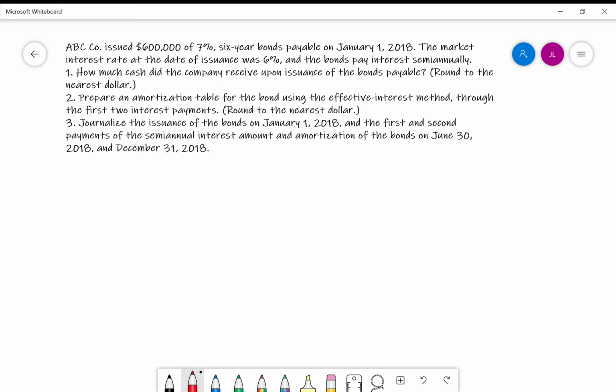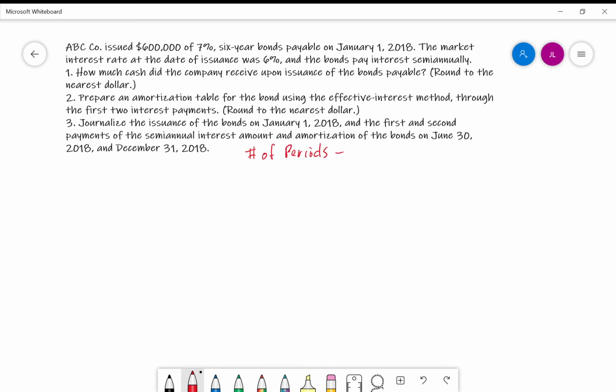So, number one is how much cash did the company receive upon issuance of the bonds? Well, here we've got to calculate the present value of the bonds. And remember, whenever we're dealing with bonds and we have to calculate these things, there are two things that we need to know offhand. Number one, the number of periods we have.